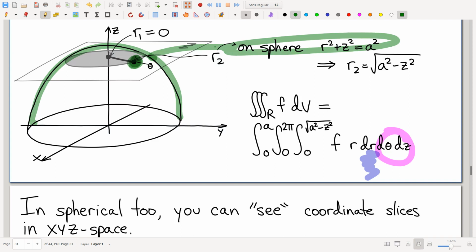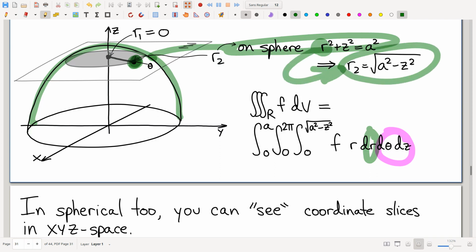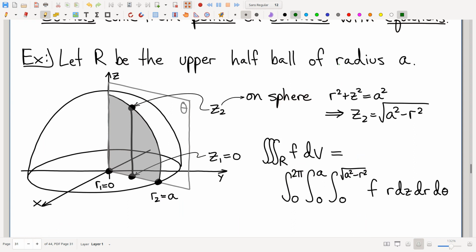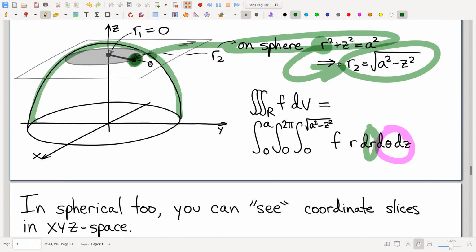But very importantly, don't forget that we are looking for an upper bound for r here. So I need to solve this time for r, not z. Up here we solved for z because we were looking for a z bound. Down here we're looking for r.